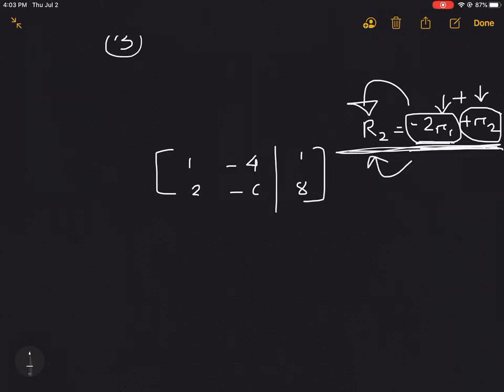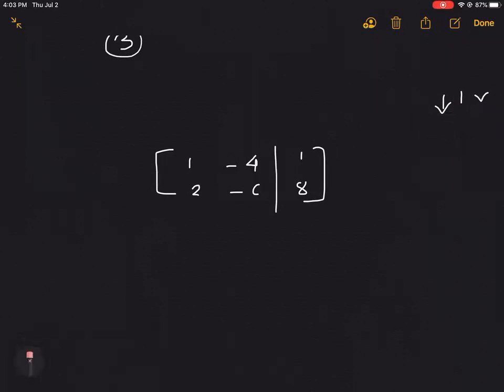Now, if I slowly do that for you, let's see how it looks. First of all, as I said, I'll multiply the first row by -2. So it will be -2 times 1. And as I said, I'll add the second row with that. Obviously you need to maintain consistency again.